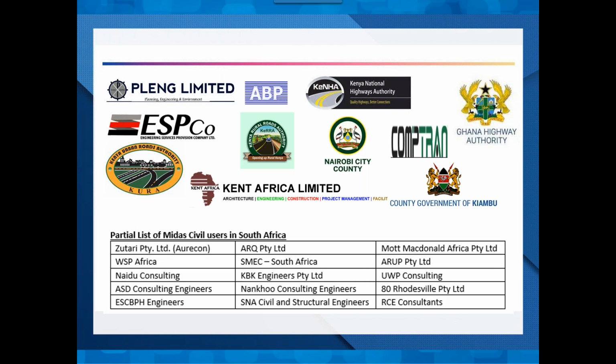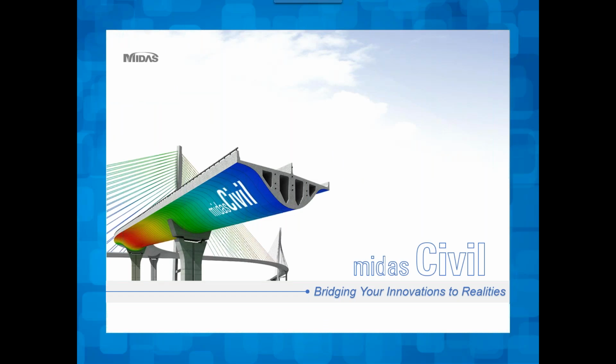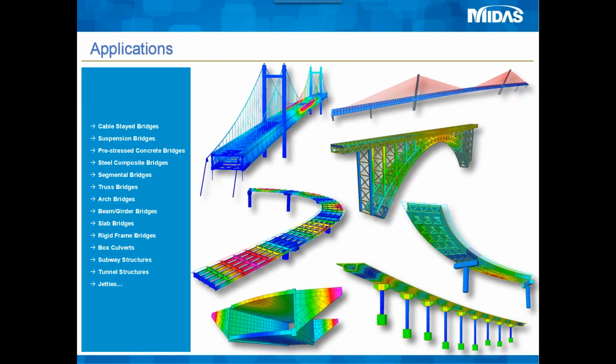Now I'd like to go ahead to the introduction to Midas Civil. Midas Civil is a one-stop solution for bridge structures where you can perform the analysis as well as design and generate reports of any type of bridge.